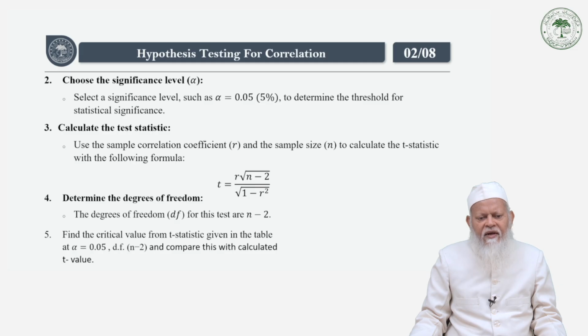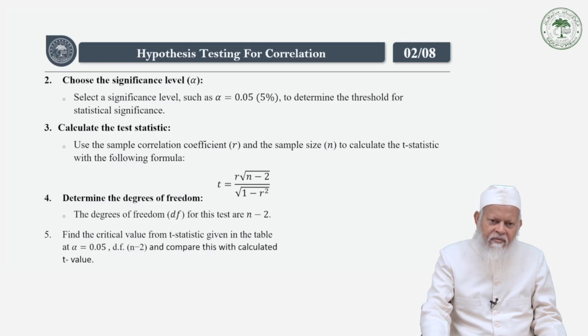Find the critical value. The next step is to find the critical value from the t-statistic table at alpha equal to 0.05 and degrees of freedom n minus 2, and compare this with the calculated t value that we arrived at earlier.